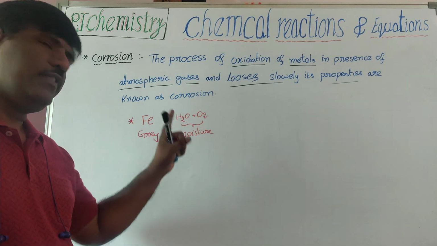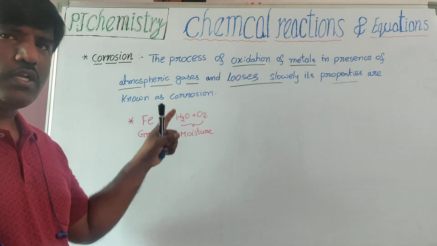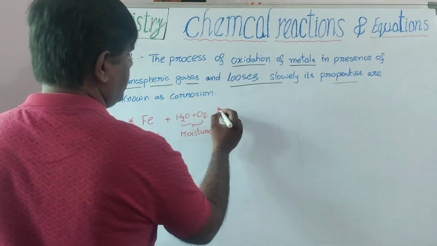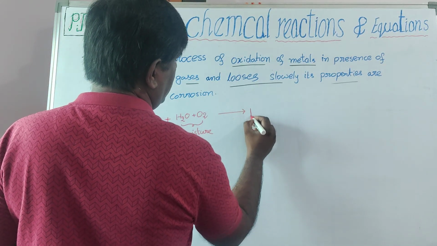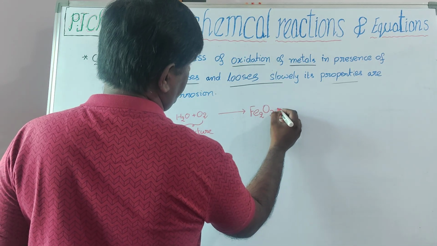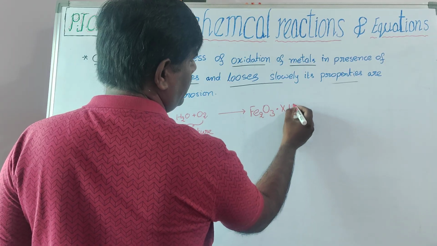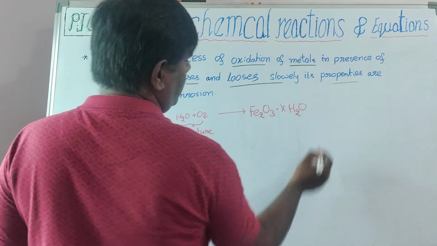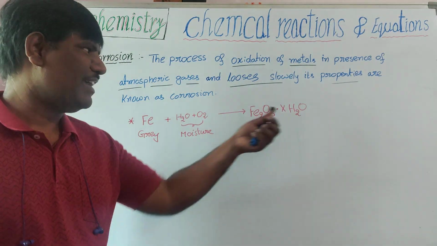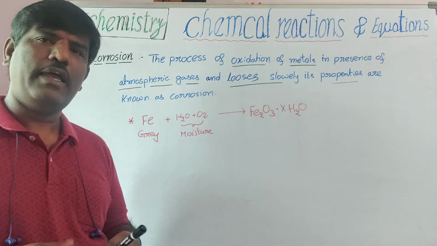When iron reacts with moisture, atmospheric gases, water and oxygen, it gives the product Fe2O3.xH2O, because oxygen combined with iron and water are there. That x indicates the number of moles, as per the area.